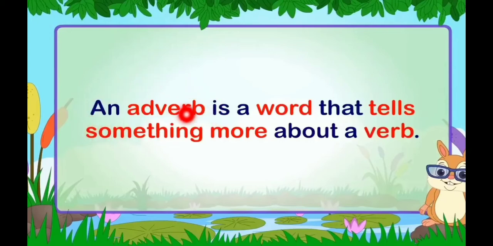Adverb describes the verb. I hope you know the definition of verb. So what is verb? Verb describes the action. An adverb describes the verb. I hope you will remember the definition of adverb.